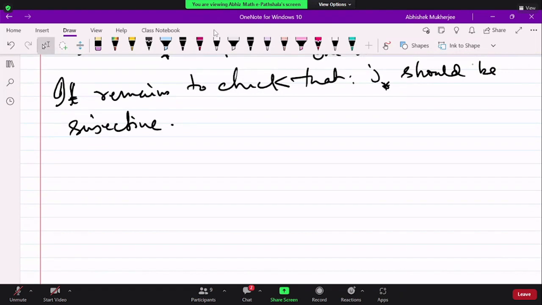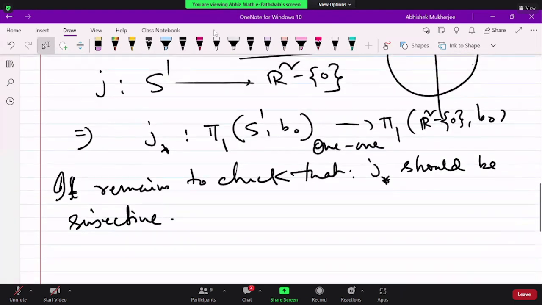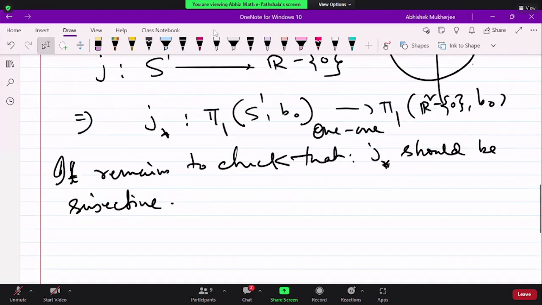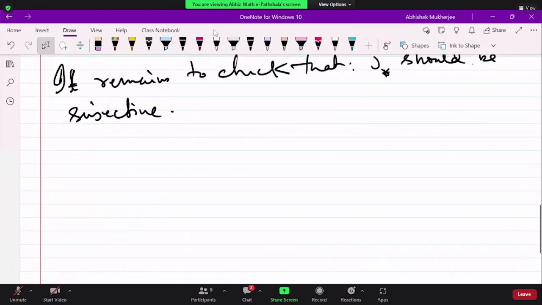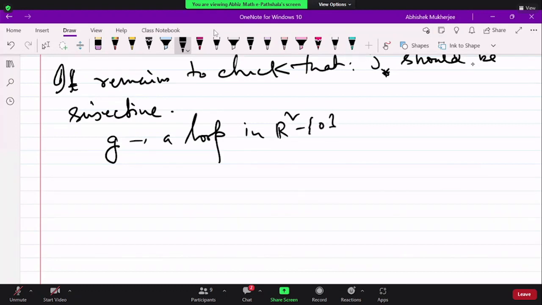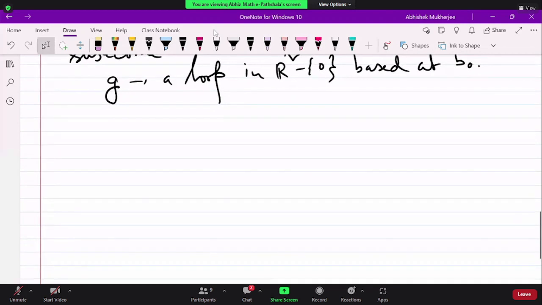But why? Because suppose you take any loop in the punctured plane based at B naught, suppose it is Z. So a loop in this based at B naught. And corresponding to this loop, what do you have?